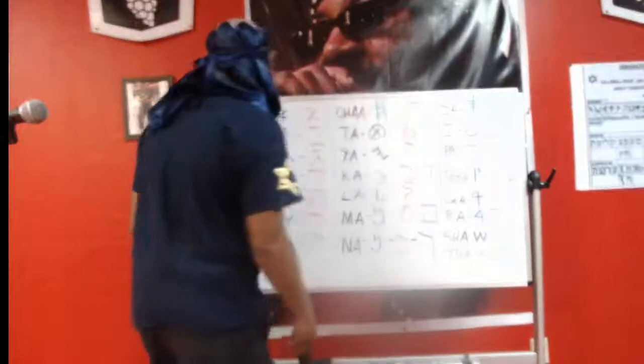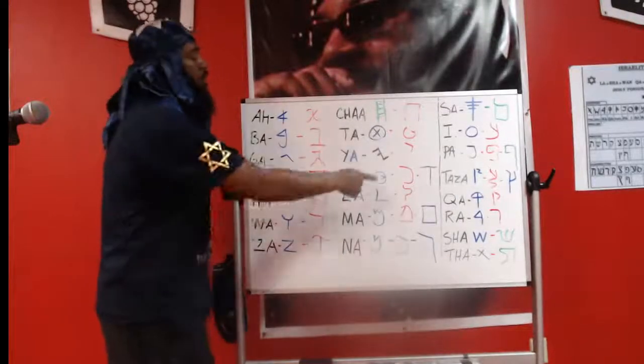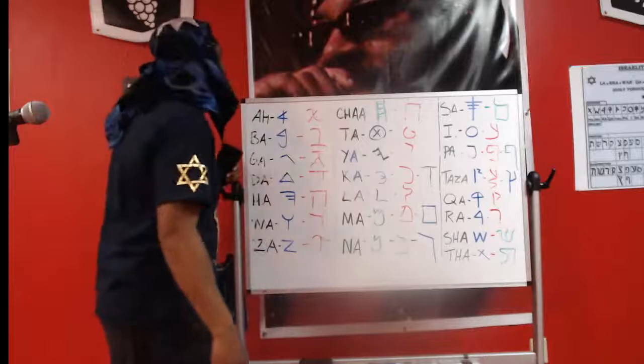As always, start with the foundation. Start with our alphabet, okay? 22 characters, 22 letters. Take them from the top.